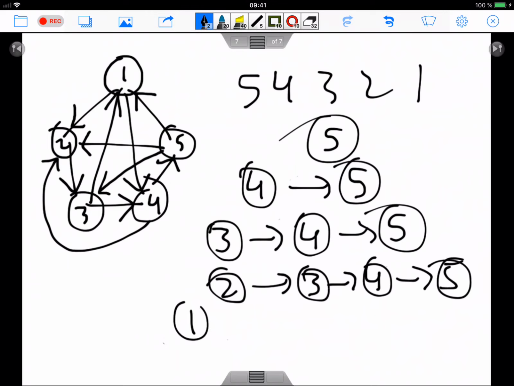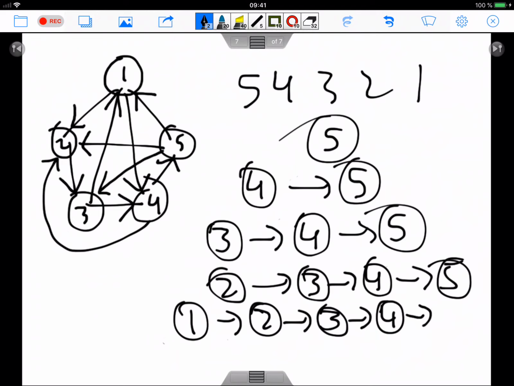And then from 1 to 2. So in this situation, I was able to insert the vertex all the time at the beginning of the path. Okay, but in general, it doesn't need to happen.